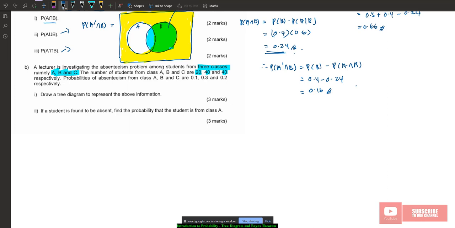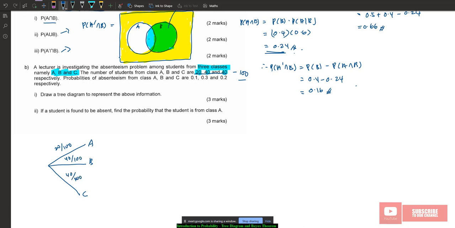The total number of students is 100, so 20 over 100, 40 over 100, and 40 over 100.